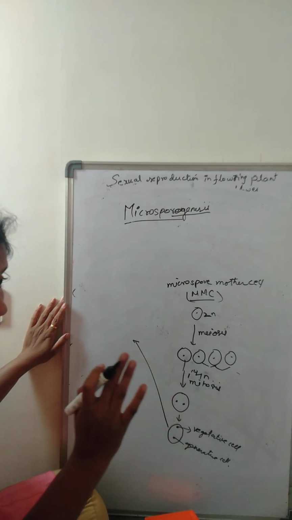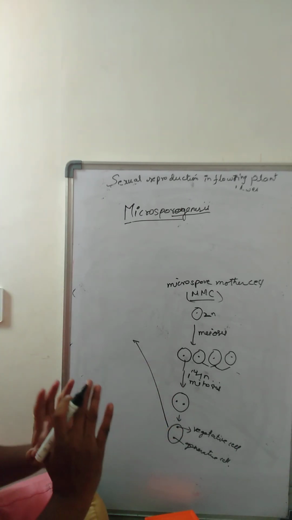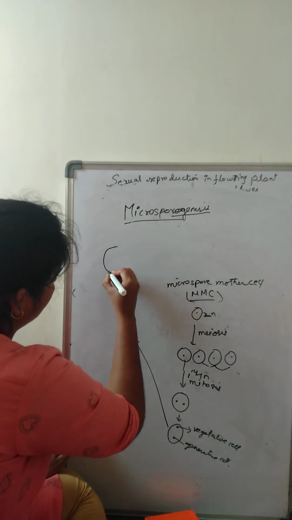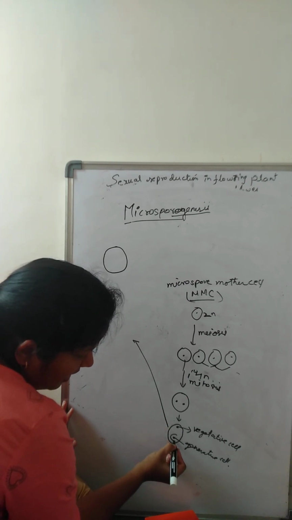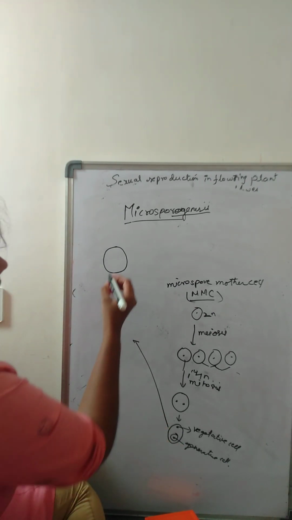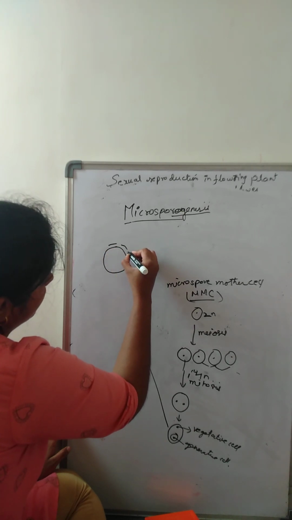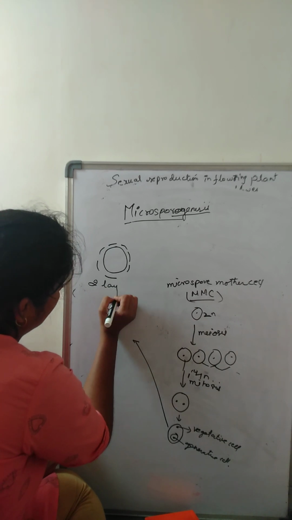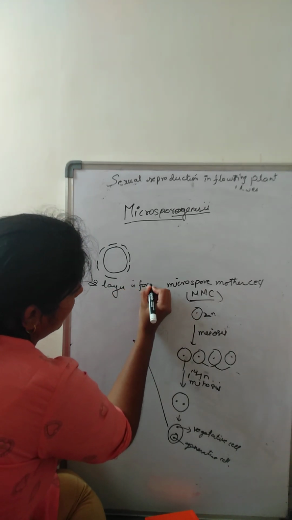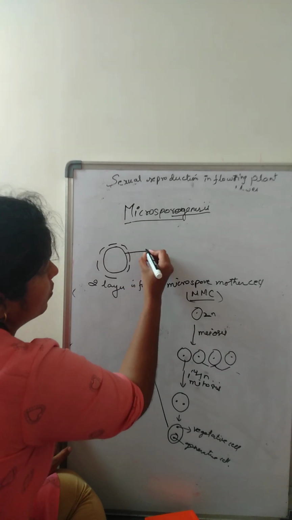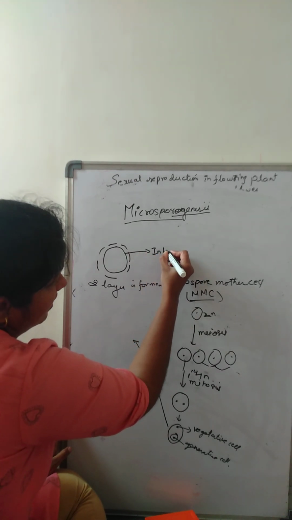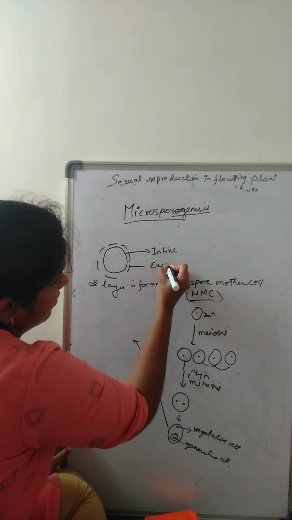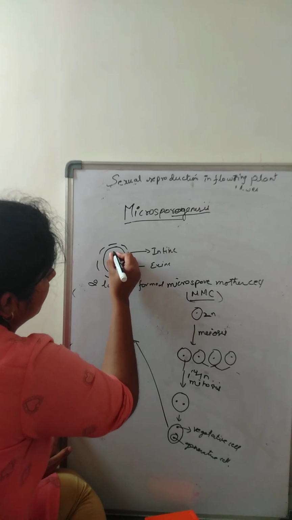This vegetative whole cell is going to form 2 layers. Generative cell will be like this, and 2 layers will be formed. This is known as intine, and this is exine. And this is our cell.